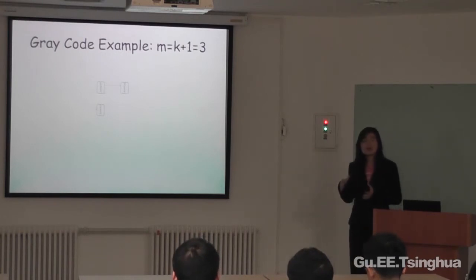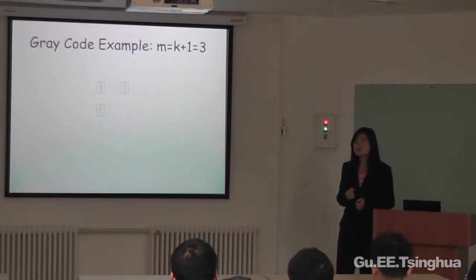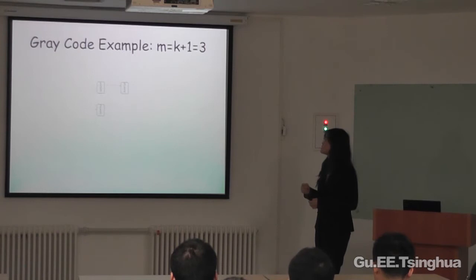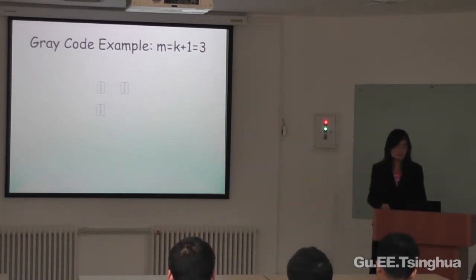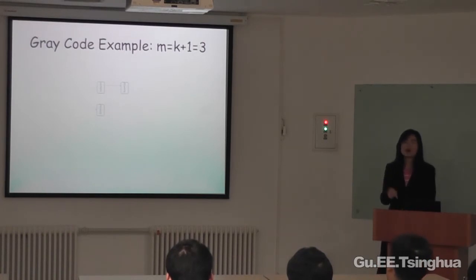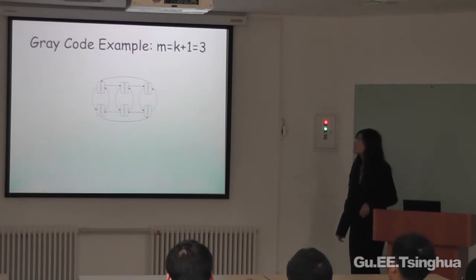Here I would have a graph where the vertices are the permutations and the directed edges are the push-to-the-top transitions. Every node will have 2 outgoing edges. You will have a graph that looks like this. Now we ask the question, what is a Gray code?